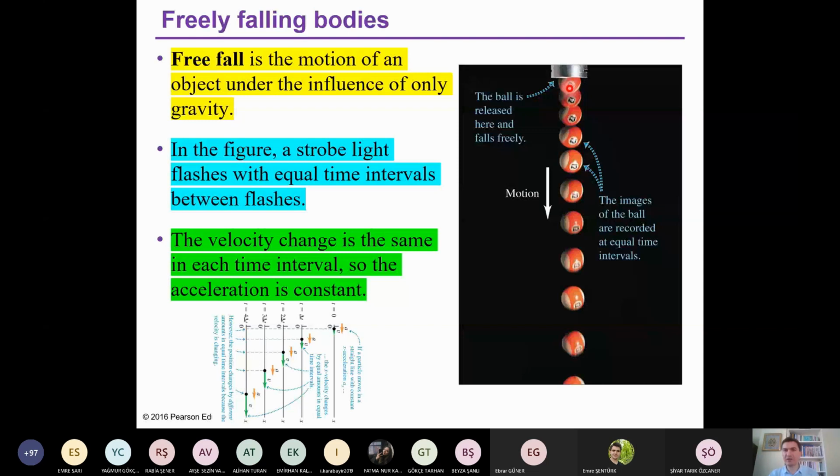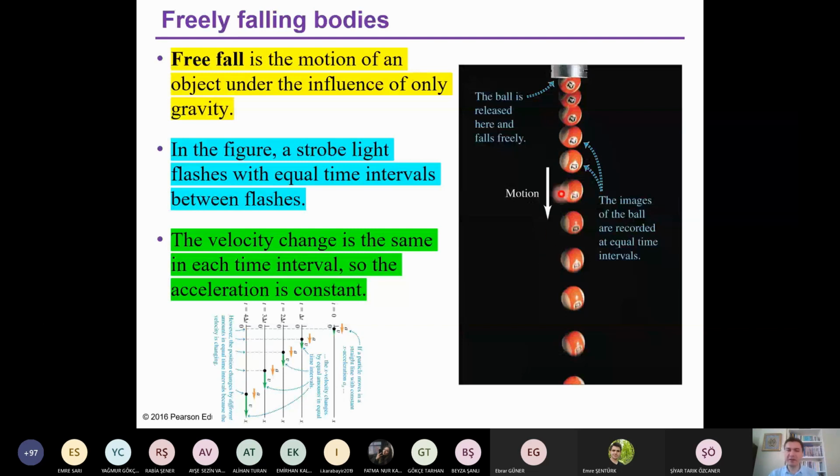So after 1 millisecond, after another 1 millisecond, after another 1 millisecond, at equal time intervals, you take the pictures. So what do you see here? Displacement after 1 millisecond, you have this displacement. After another 1 millisecond, you have this displacement. And here, within 1 millisecond, we have more displacement compared to this displacement.